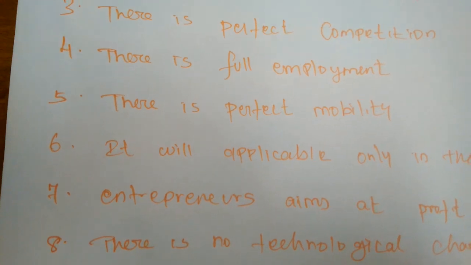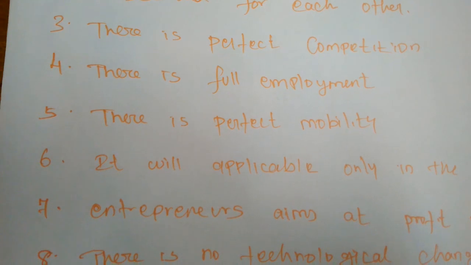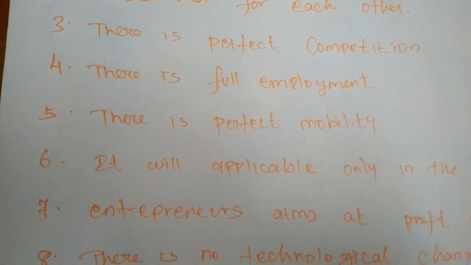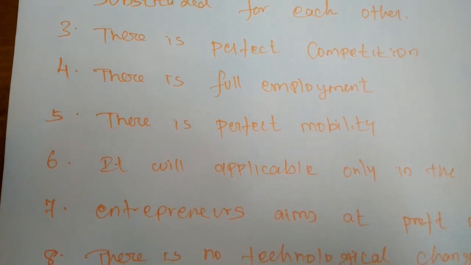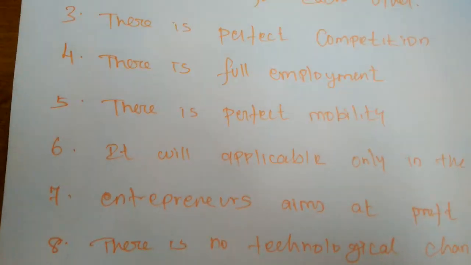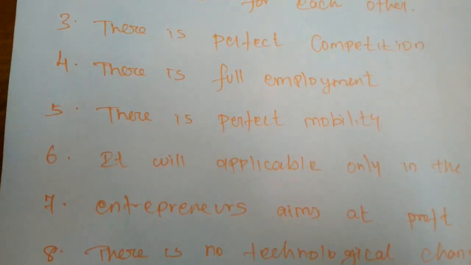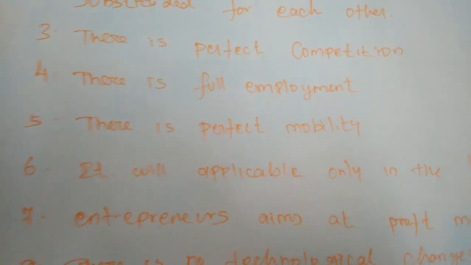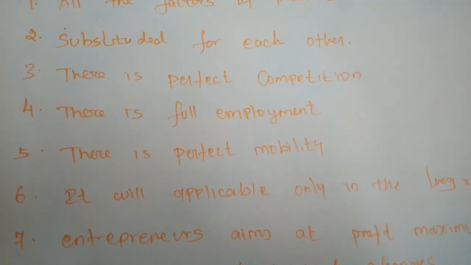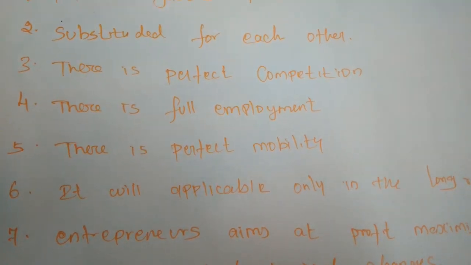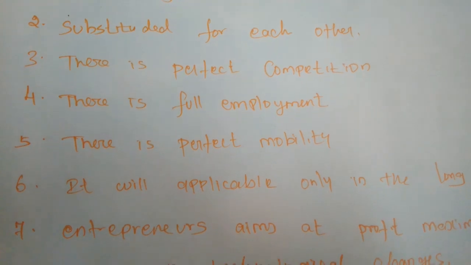Next, there is full employment of factors. All the factors are employed, so all the factors of production are applied by the firms to produce commodities. Next, this theory is applicable only in the long run, because only in the long run can we change or apply the four factors of production to their full ability.